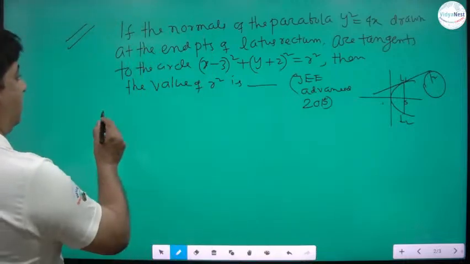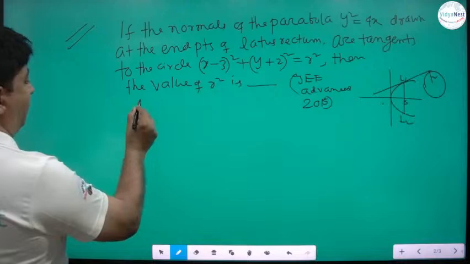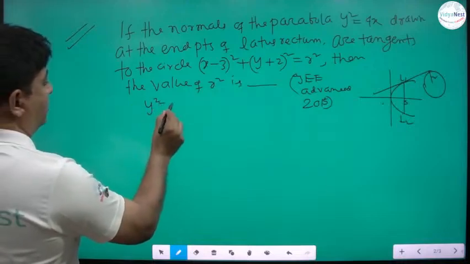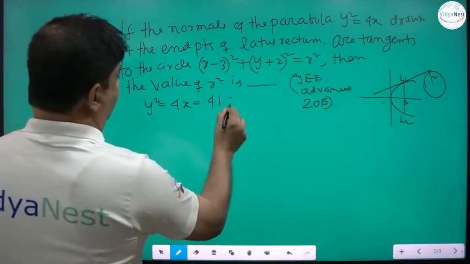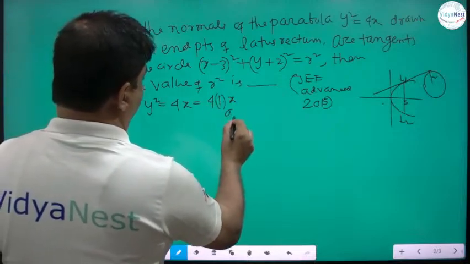See, the parabola's equation is given, y square is equal to 4x. 4 into 1 into x, so this a is 1.